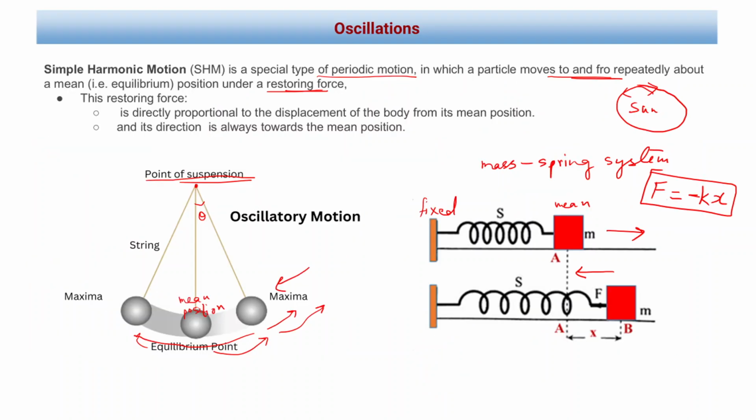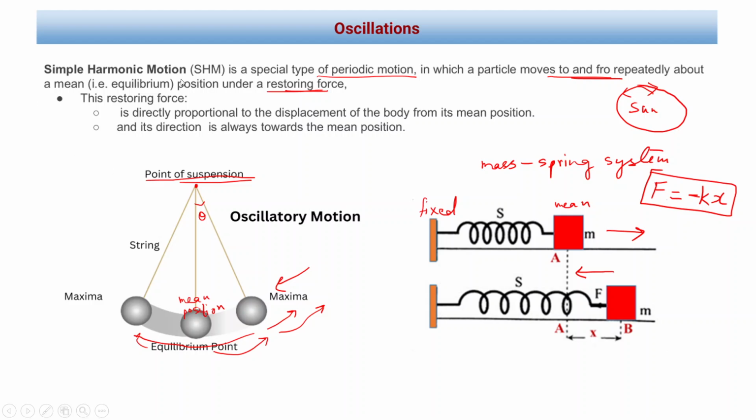Then we discuss oscillation. This is also the topic that was discussed in module 1, so we don't need to discuss more. But we had seen there are different kinds of periodic motions around us, be it the swing, or the hand of a clock.